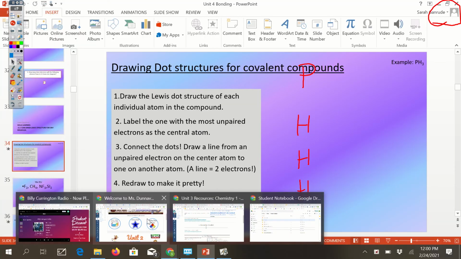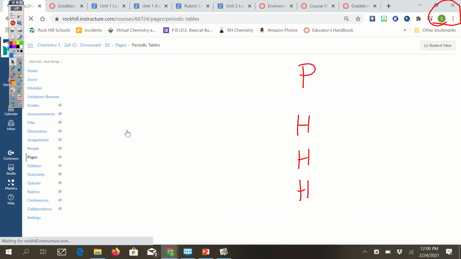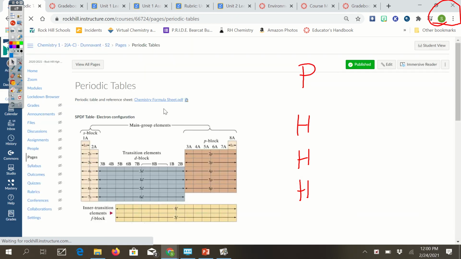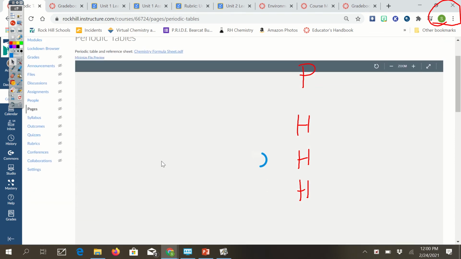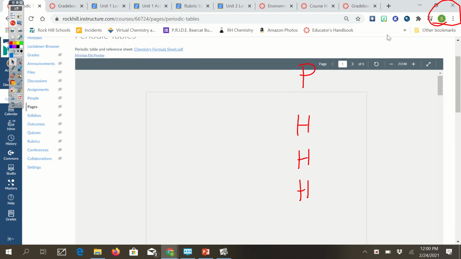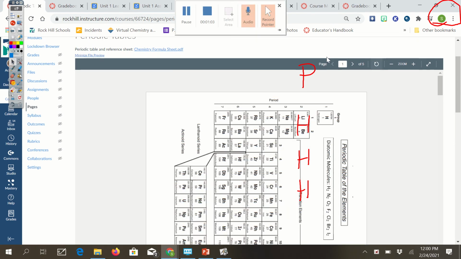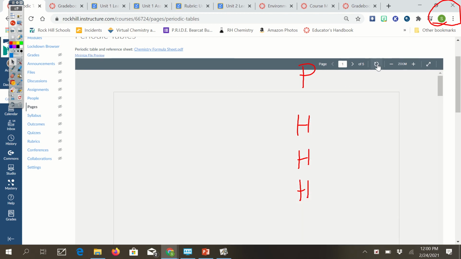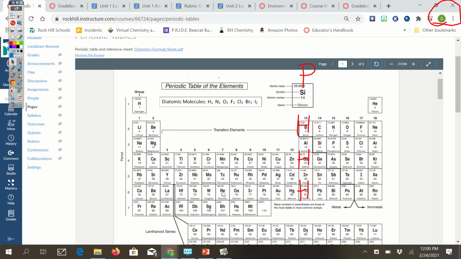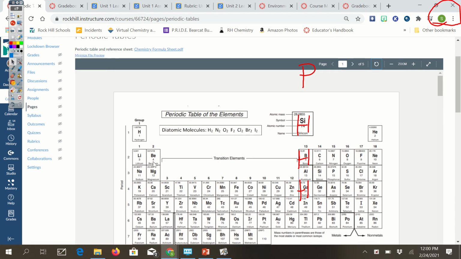If you go to the periodic table, remember, it goes across, so group 1 has 1 valence electron, group 2 is 2, skip all these, 3, 4, 5.